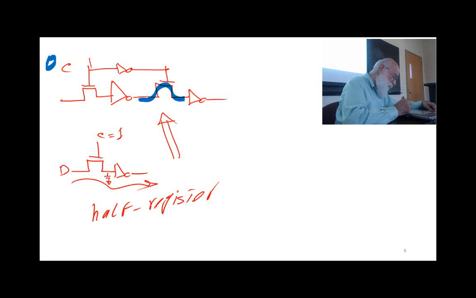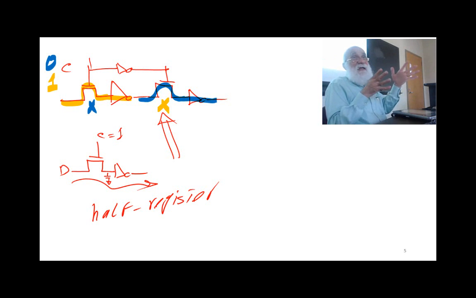When C becomes 1, then this path is disconnected, this path is conducting. Okay, actually this goes this far, and the other one goes this far. Okay, and therefore we do have that removal of transparency that we had problem with in the latch.